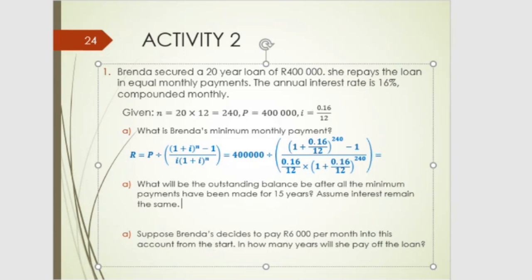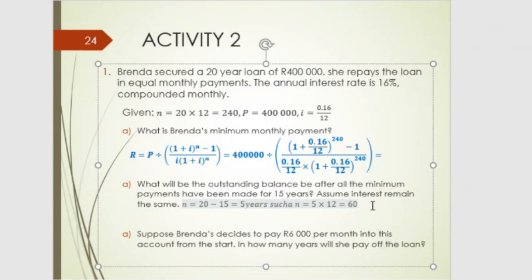Yes, that's correct, because you've already paid 15 years. So it's 20 minus 15, which gives you 5 years, such that N is going to be 5 multiplied by 12, because it's compounded monthly. 5 times 12 is 60.